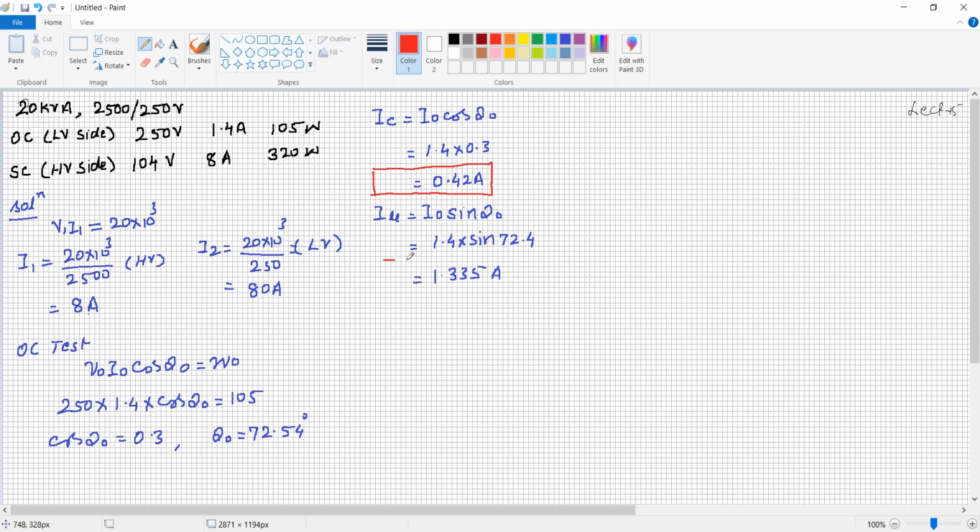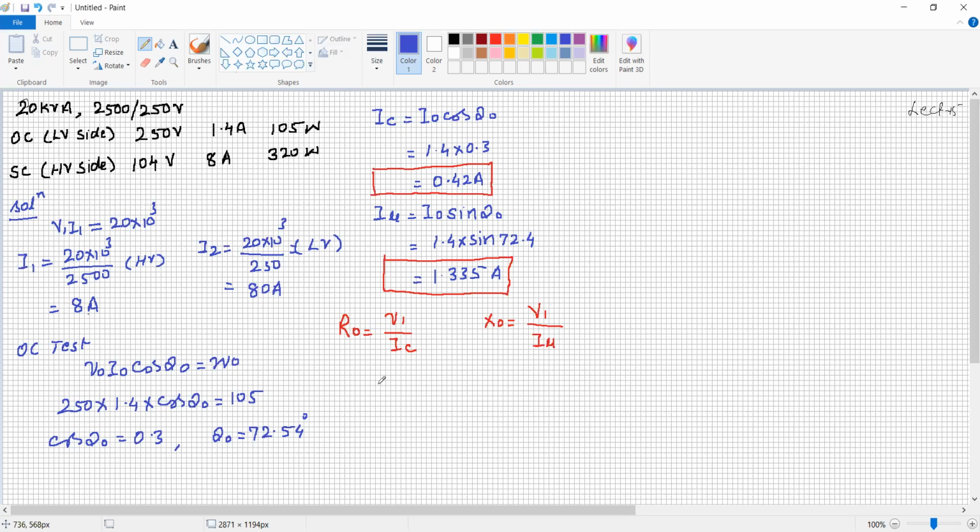From these two values, R0 is equal to V1 upon IC, and X0 is equal to V1 upon I mu.